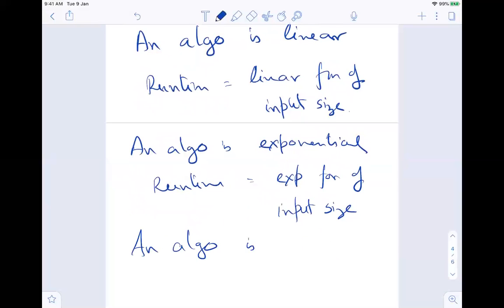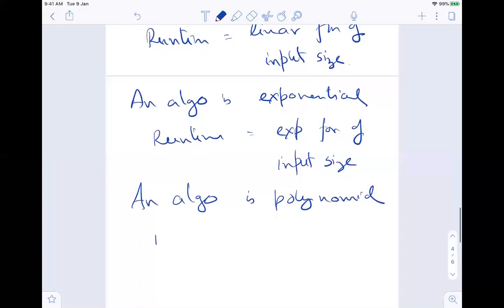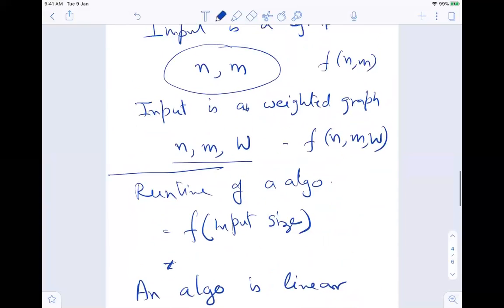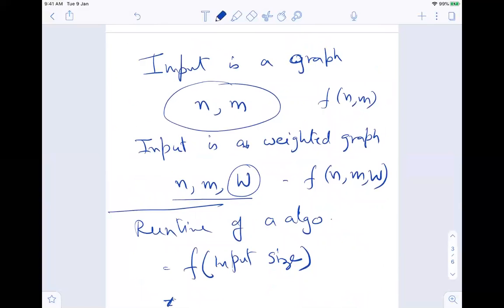The algorithm is polynomial, then the runtime is exactly what you expect. So this is a polynomial function of input size. So you should not think of W as, can I set it to be massive compared to n?